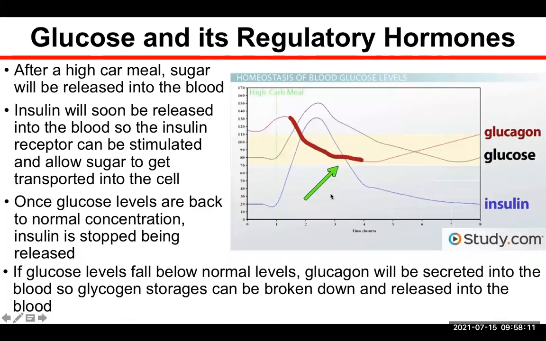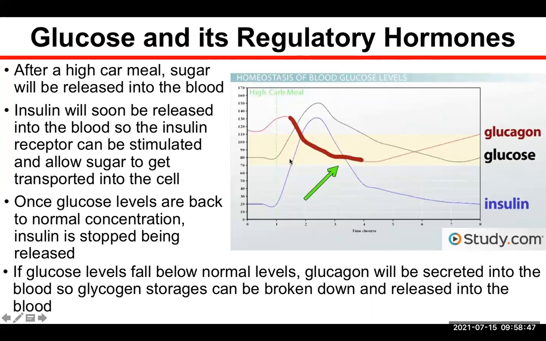And here I have a nice graph depicting that whole process of glucose regulation. Here we have the beginning of the introduction of a high carb meal. Here we have the typical normal range of what your sugar level should be. Once your glucose spikes in your blood, the pancreas is going to get the signal to tell the beta islet cells to start producing insulin.